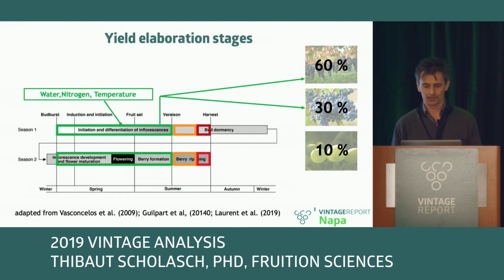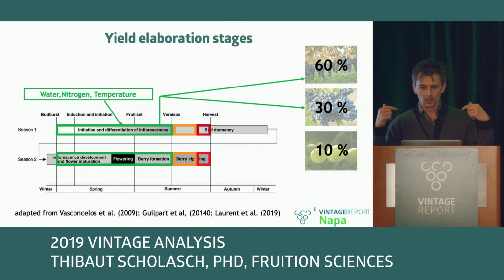And the size and the number of clusters, which on your right explains up to 90% of the yield components, are actually influenced by the severity of stresses from water, from nitrogen, or from temperature experienced in 2018 during that phase. And then the compound bud goes dormant until season 2, so season 2019 kicks in again.